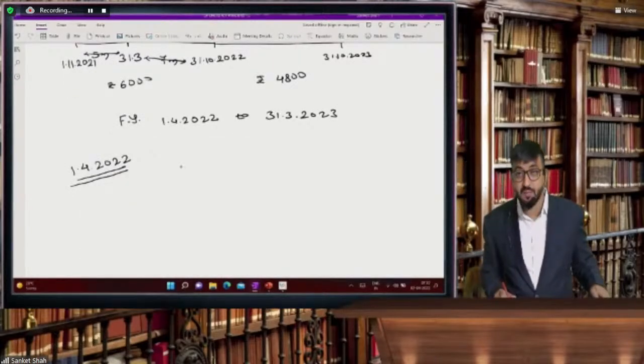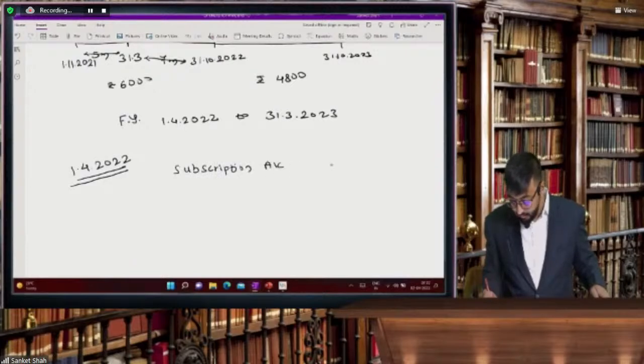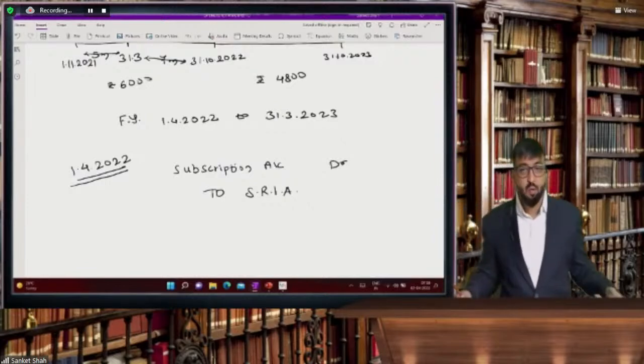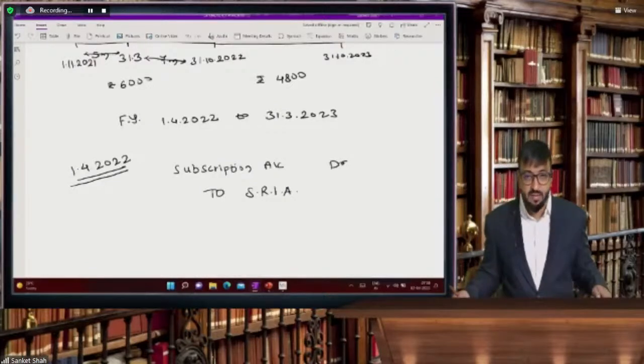reversal of subscription received in advance. Subscription received in advance account debit to subscription account.